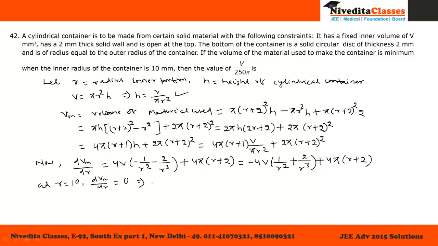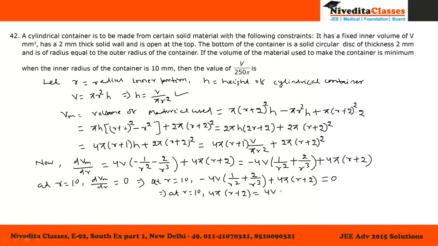That implies at r is equal to 10, we can write minus 4V into 1 upon r square plus 2 upon r cube, plus 4 pi into r plus 2, will be 0. That implies at r is equal to 10, 4 pi into r plus 2 will be equal to 4V into 1 upon r square plus 2 upon r cube.